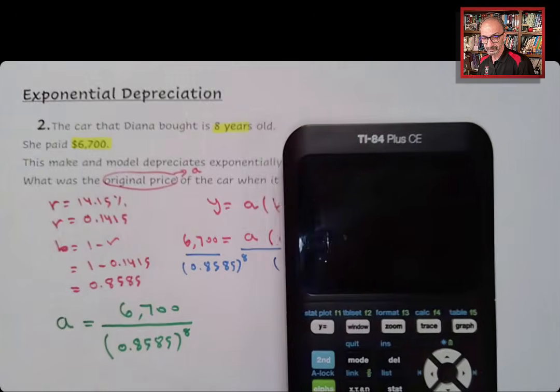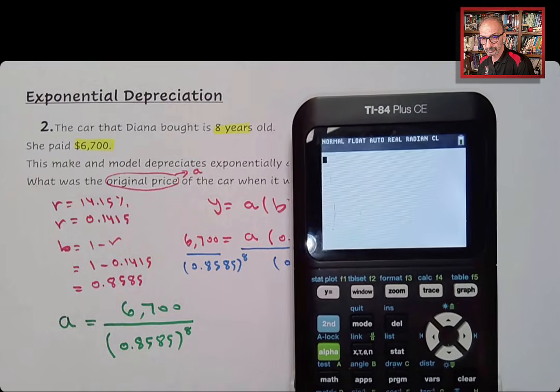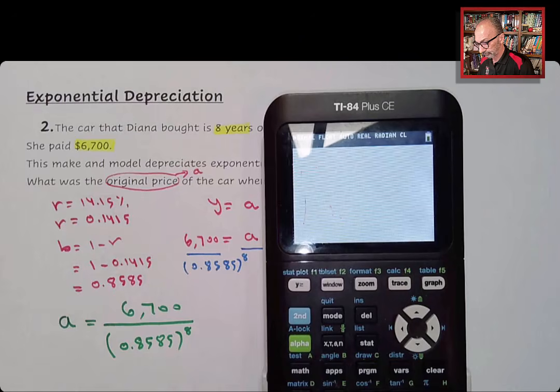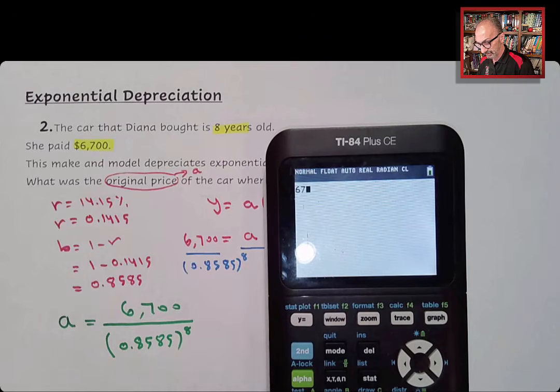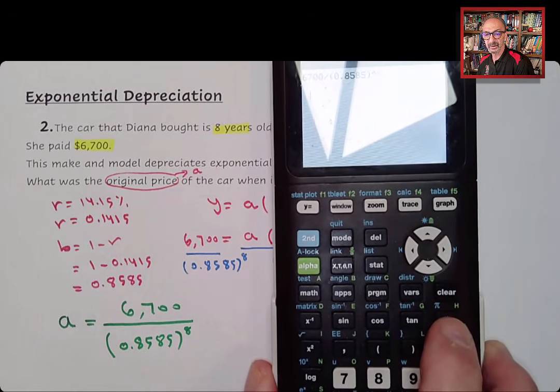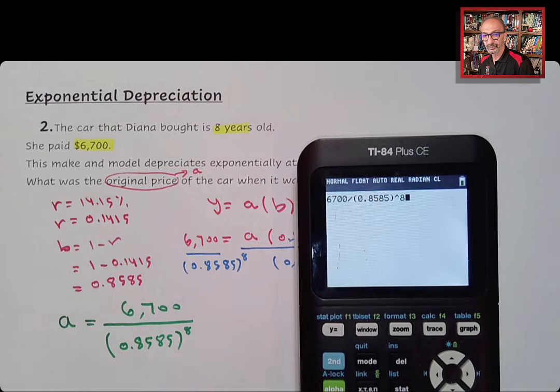Let's use the calculator. Here we go. So we have 6,700 divided by, open parentheses, 0.8585 raised to the power, and that's how you raise it to the power, right here, and the number 8.